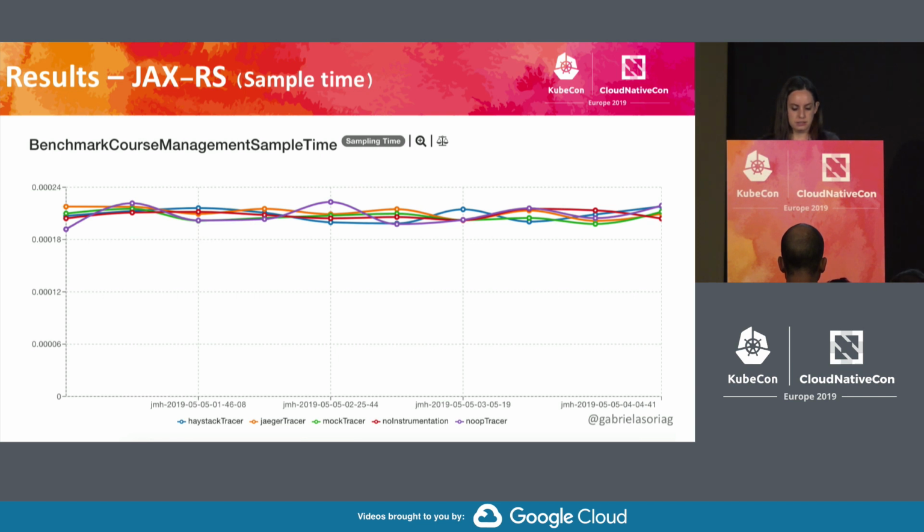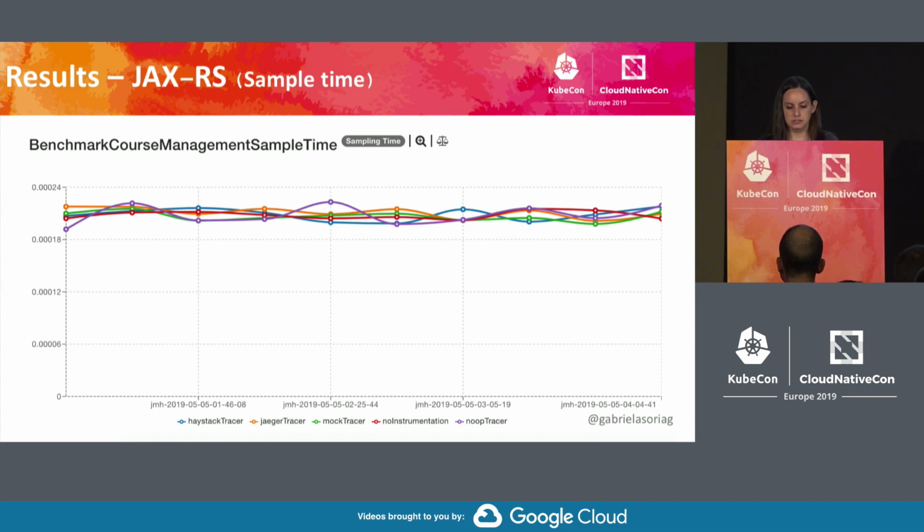And the last scenario is JAX-RS. The test here uses JAX-RS with a Spring Boot application containing a basic course management process. This application exposes a JAX-RS endpoint called course resource. And the application is initialized for each test iteration, and using profiles, the right tracer is injected.